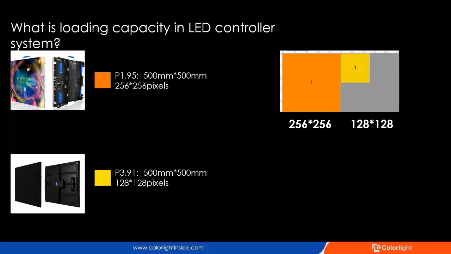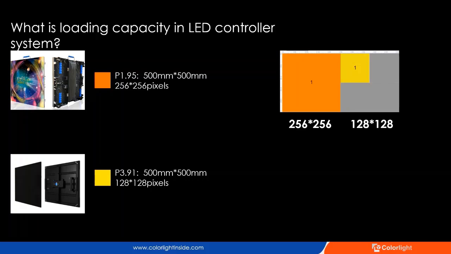So, what is the loading capacity in LED control system? There are two different pitches of cabinets. The first one is P1.9. The resolution is 256 by 256. Another one is P3.9. The resolution is 128 by 128. The dimension of these two cabinets is the same.